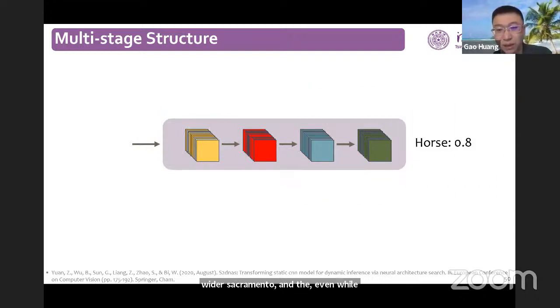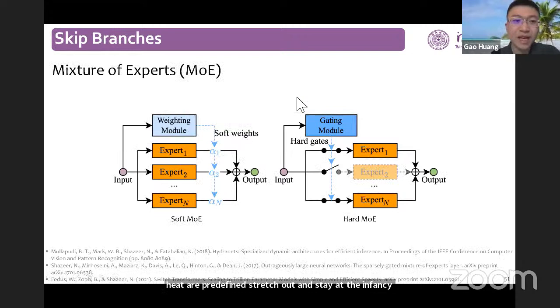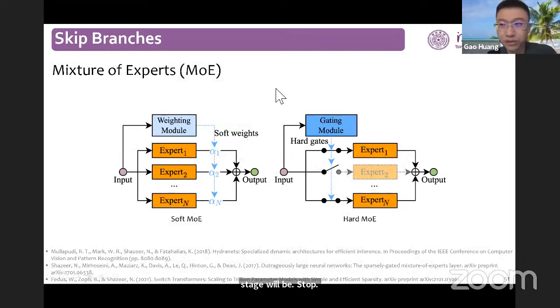When the full model is used, or the confidence hits a predefined threshold, the inference stage is stopped. Another idea to achieve dynamic width is the so-called mixture of experts, or MoE.